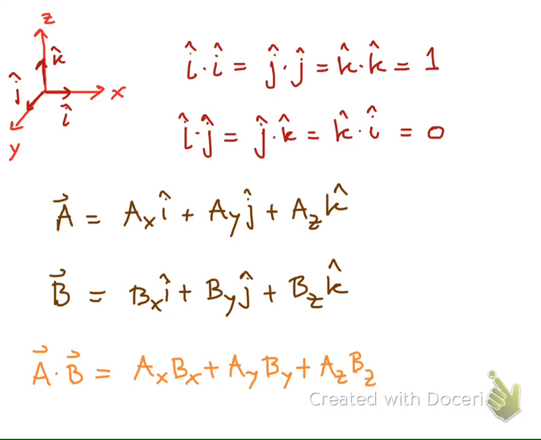Okay, so we can calculate the dot product or the scalar product of two vectors from their components in the rectangular system.